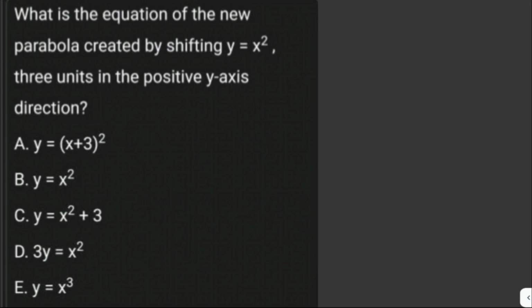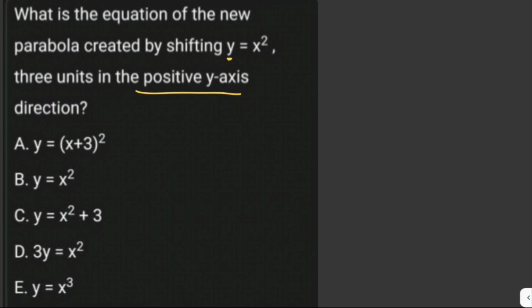What is the equation of the new parabola created by shifting y equals x squared 3 units in the positive y-axis direction? Since the parabola is shifted 3 units in the positive y-axis direction, so that is shifted above, then there will be a change for the value of y here.